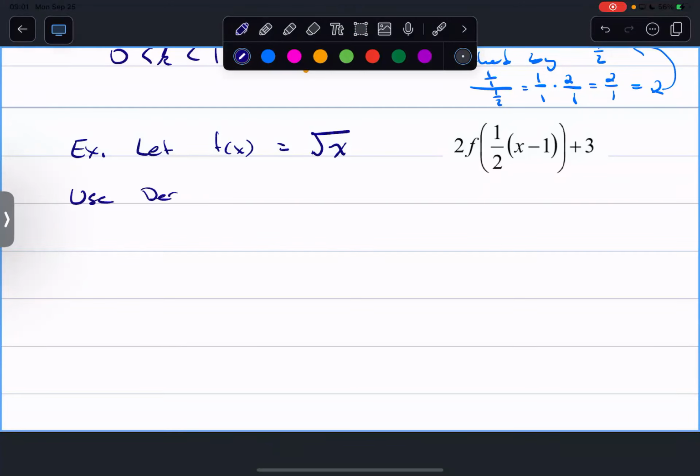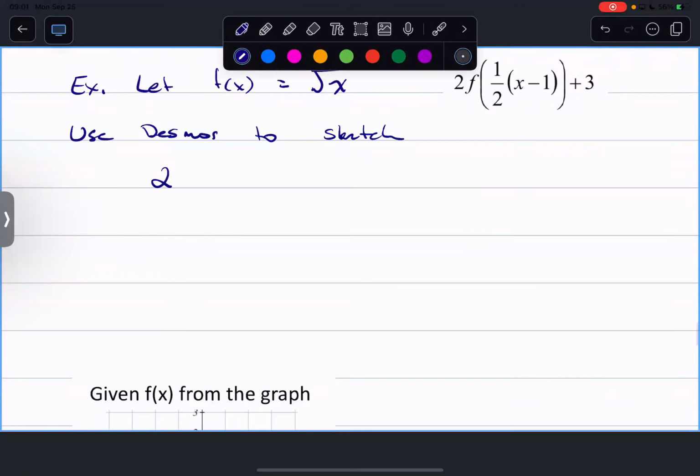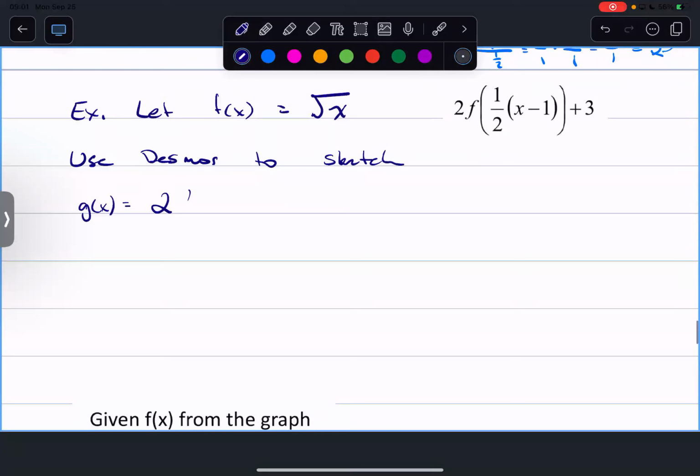Use Desmos to sketch a new function called g of x, which is 2 times f of 1/2 times x minus 1. Notice that that 1/2 is on the x, right, and not the y, and then we have a 2 on the y. That makes sense, maybe.